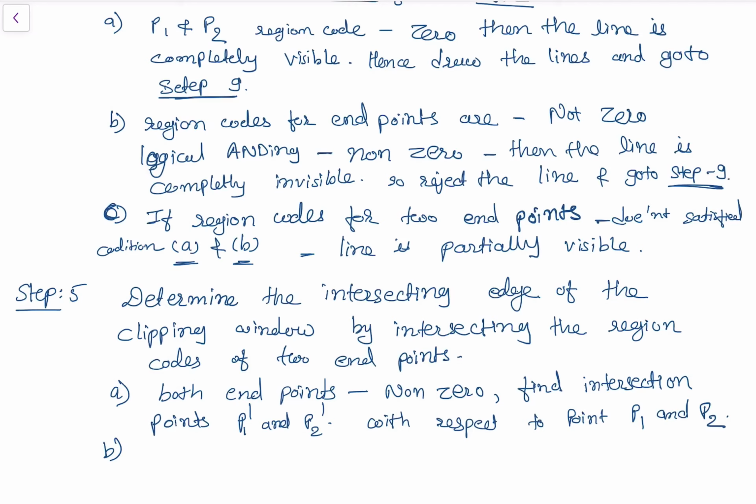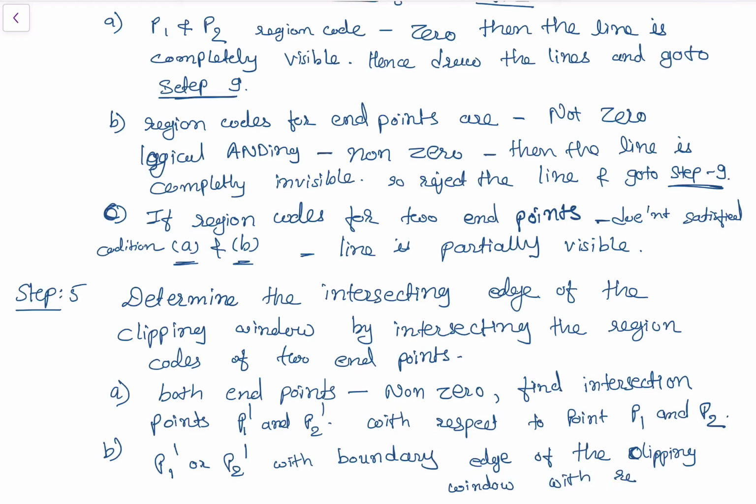If the region code for any one endpoint is non-zero, then find the intersection point P1 dash or P2 dash with the boundary edges of the clipping window with respect to point P1 or P2, right?